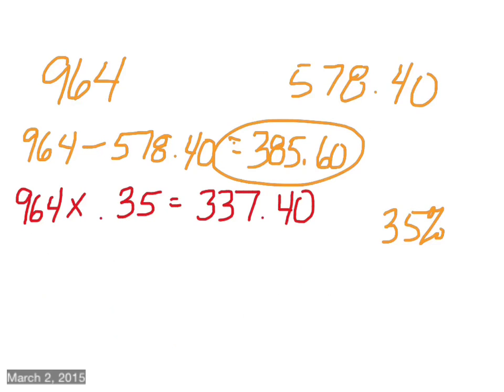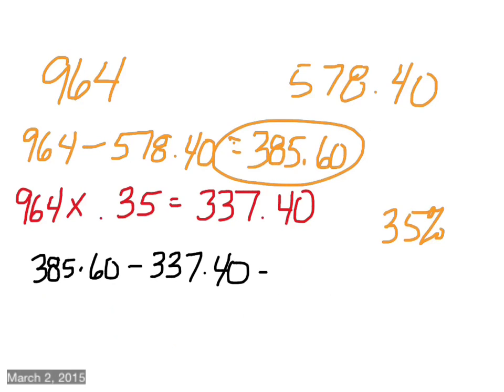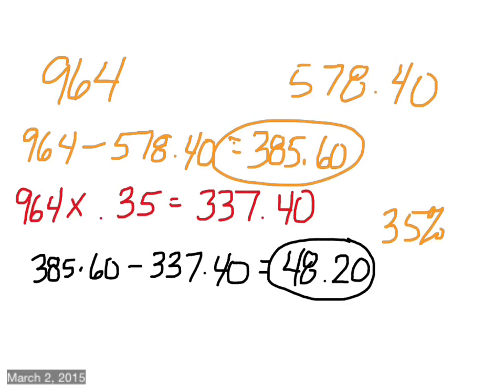So we take the $385.60 and minus out the $337.40, and how much profit did I make off of that item? $48.20. So whatever that item was, because it never did say, we made $48.20 off it, even though we had to sell it for almost $1,000.